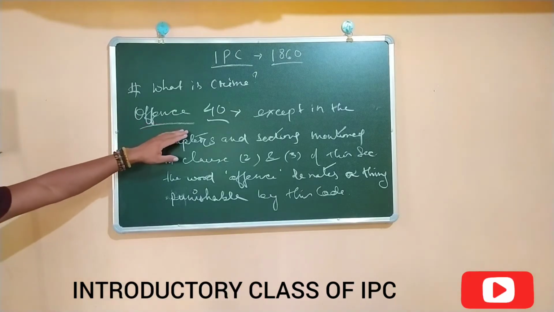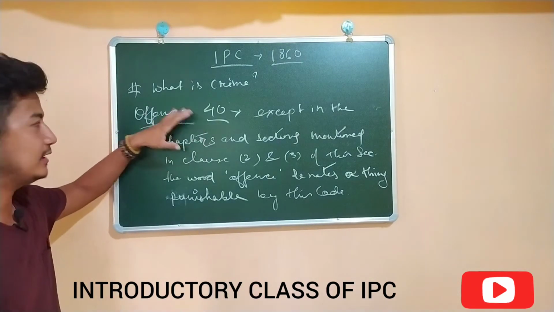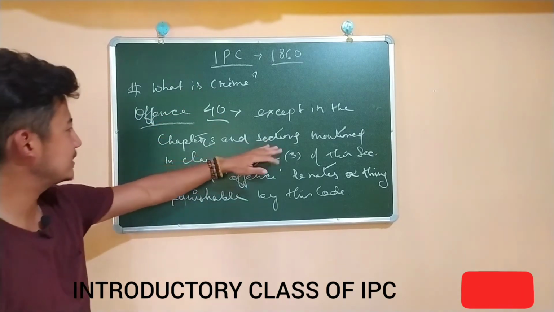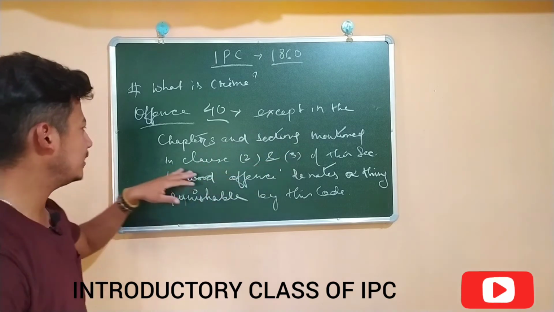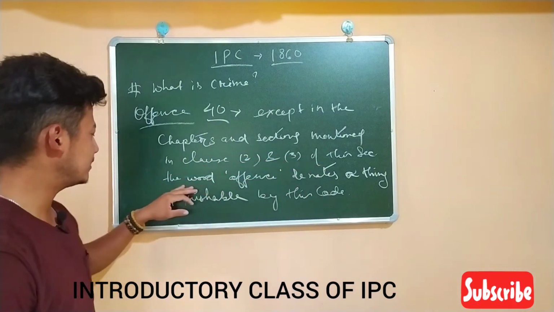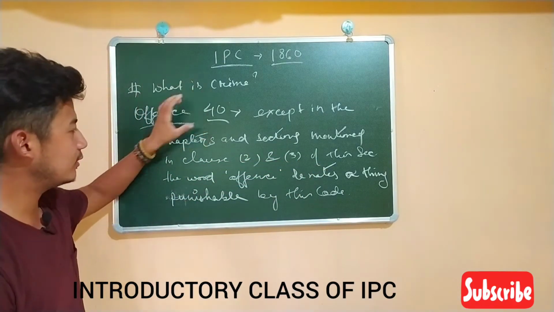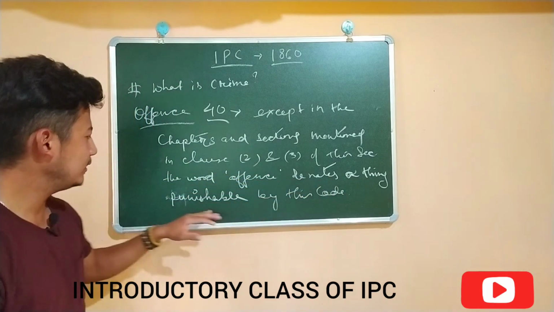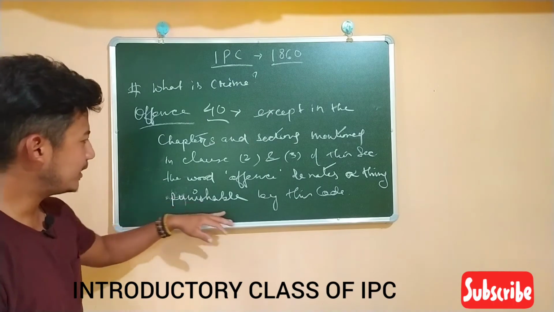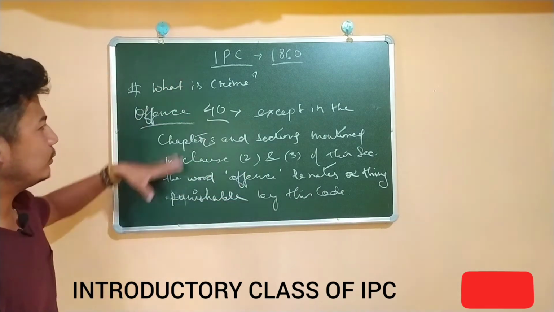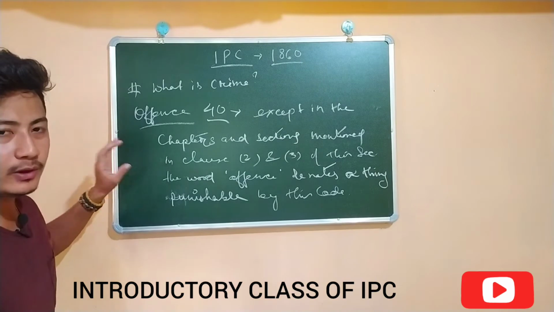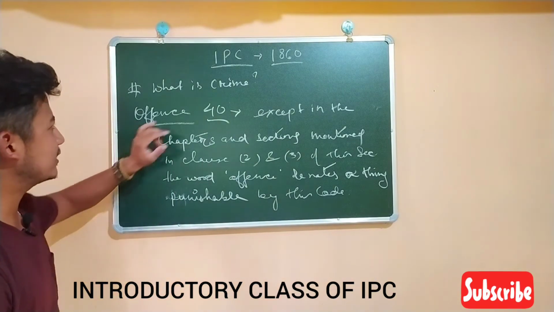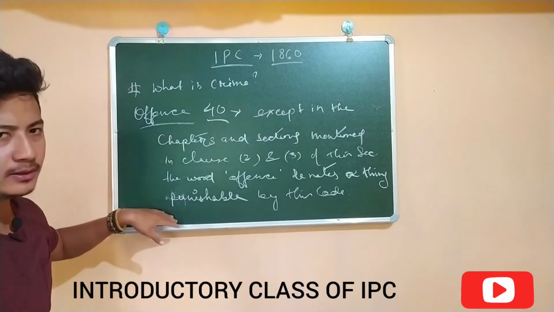Section 40 of the IPC does not define the term crime, but it defines the term offense. It says that except in the chapters and sections mentioned in clause 2 and clause 3 of this section, the word offense denotes a thing punishable by this Code. What it tries to say is that whatever offenses are mentioned in the IPC will be considered a crime or offense.